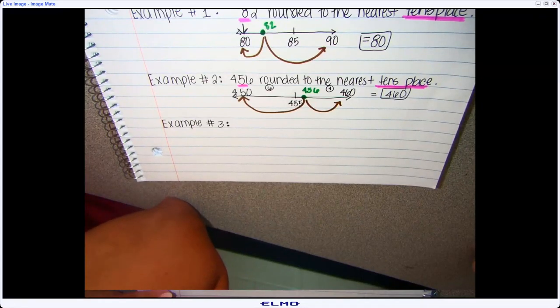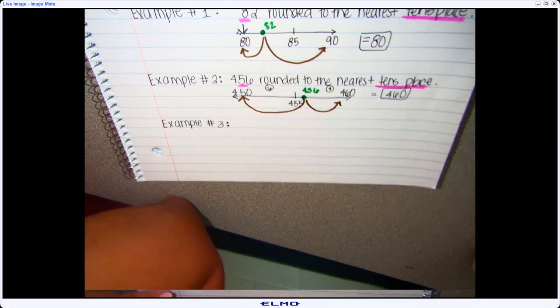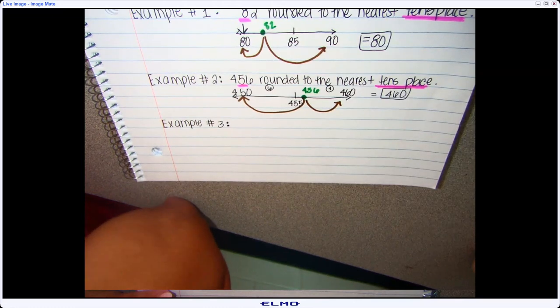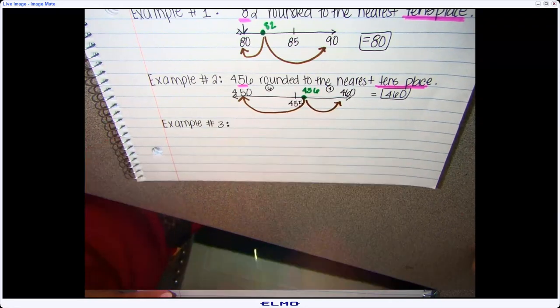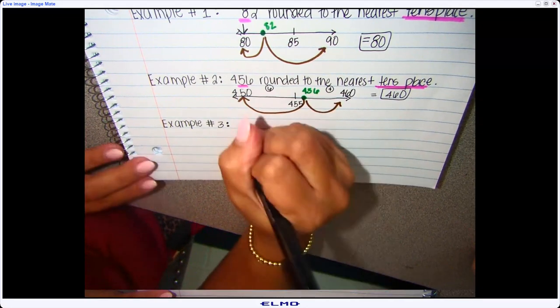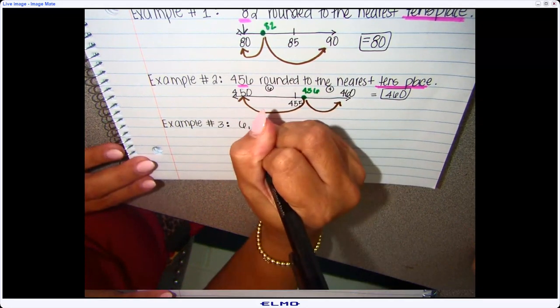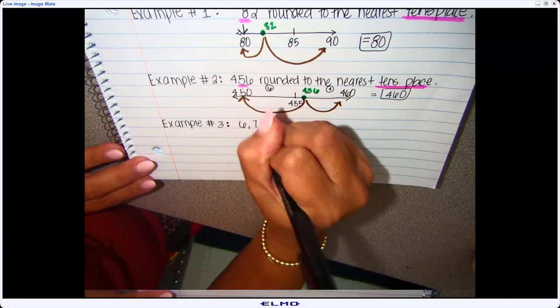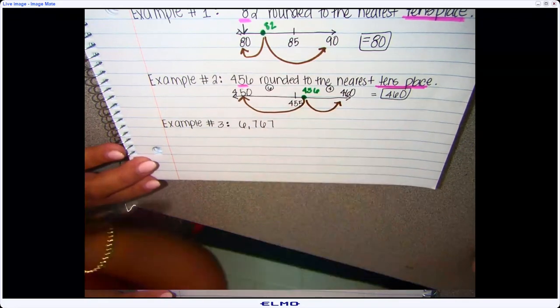Oh, I'm psychic. I already know what you're going to say. 6,700. Okay, let him figure out that number in his head. 6,767. I'm psychic. Oh my God. How did I know this? 6,767.